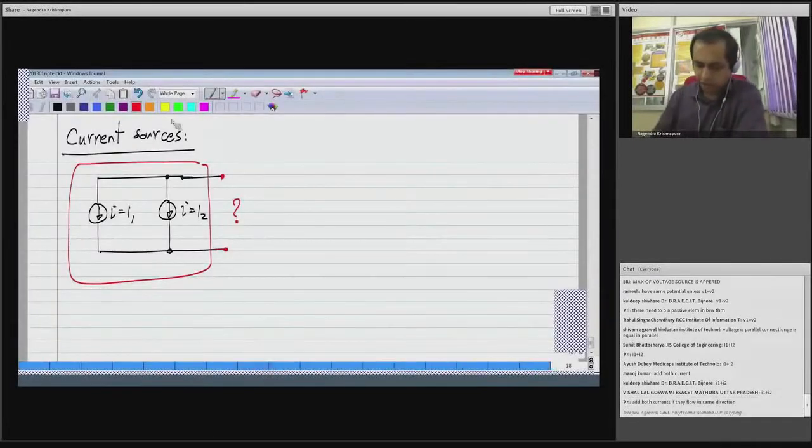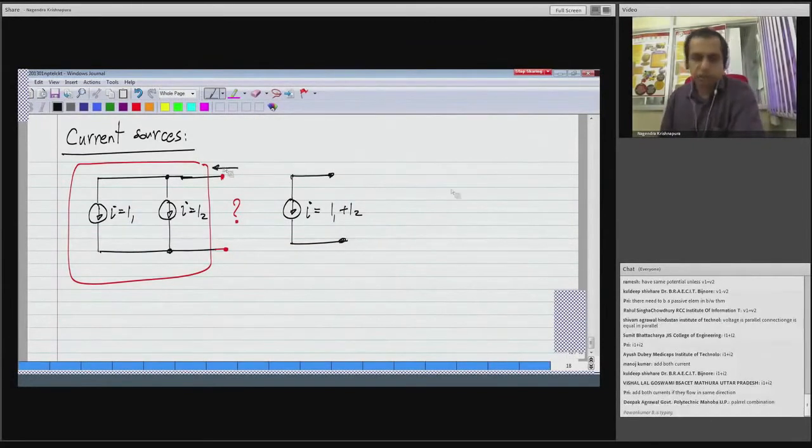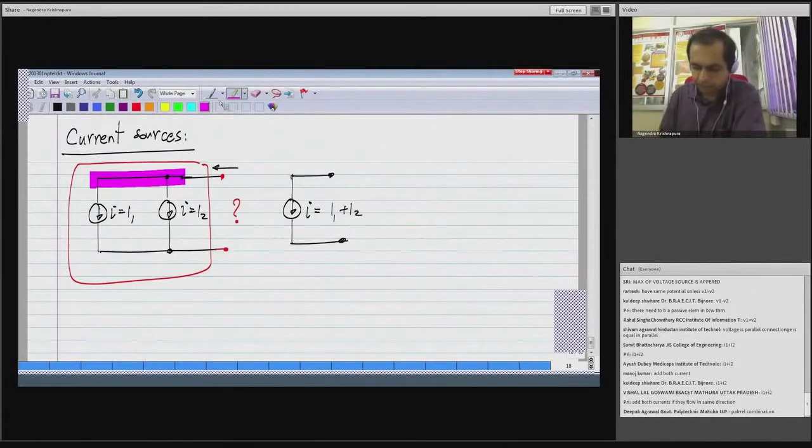I think the answer is pretty obvious. This will look like a current source of value I1 plus I2. It's very easy to see. By Kirchhoff's current law at this node, whatever is going in has to equal the current going in this plus the current going in that. So it forms a current source of value I1 plus I2.